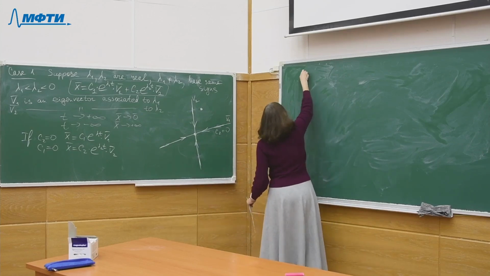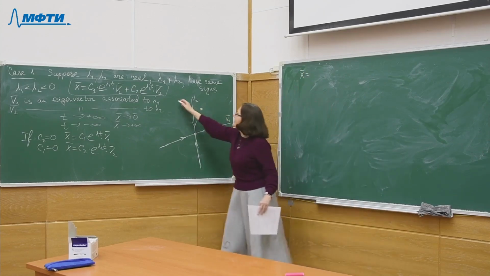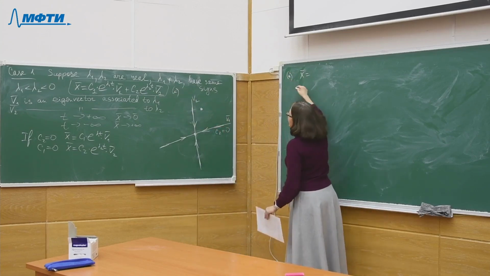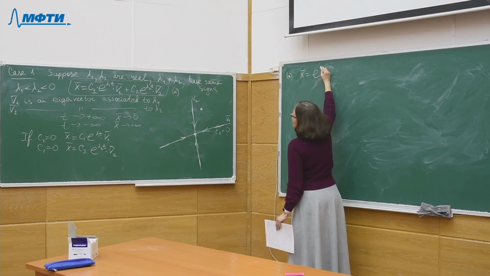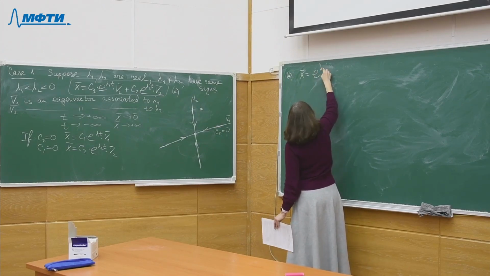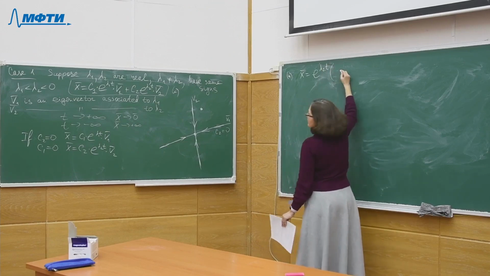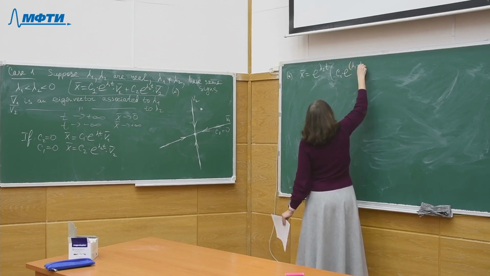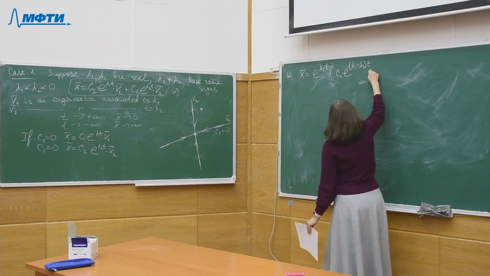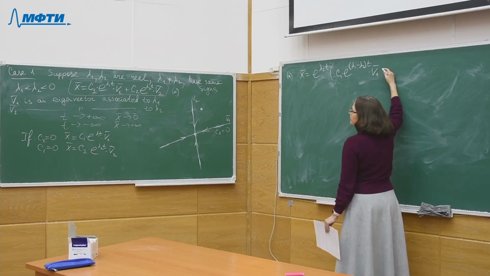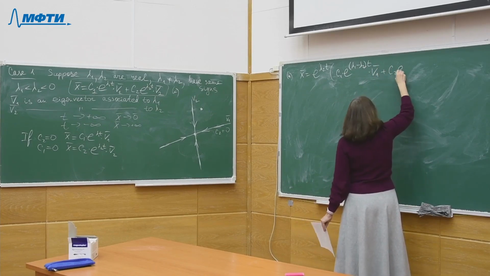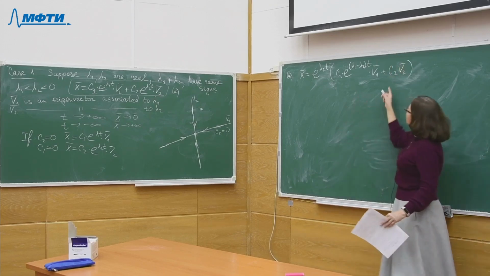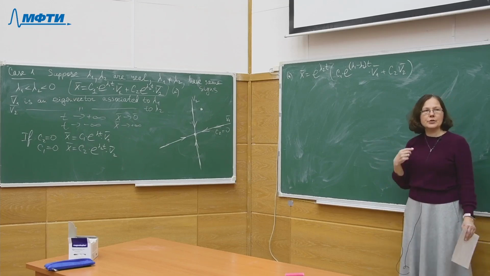Right. So x, I will rewrite this in the following form: e to the power lambda 2t will be multiplied by C1 times e to the power (lambda 1 minus lambda 2) times t times the vector v1 plus C2 v2. We remember that both C1 and C2 are non-zero, right?